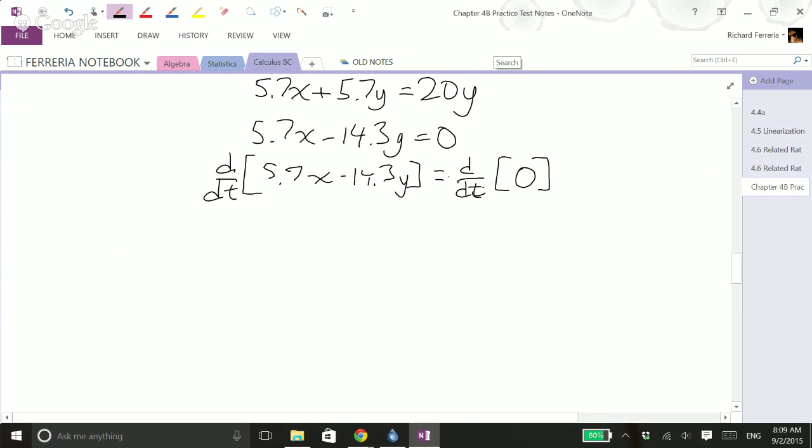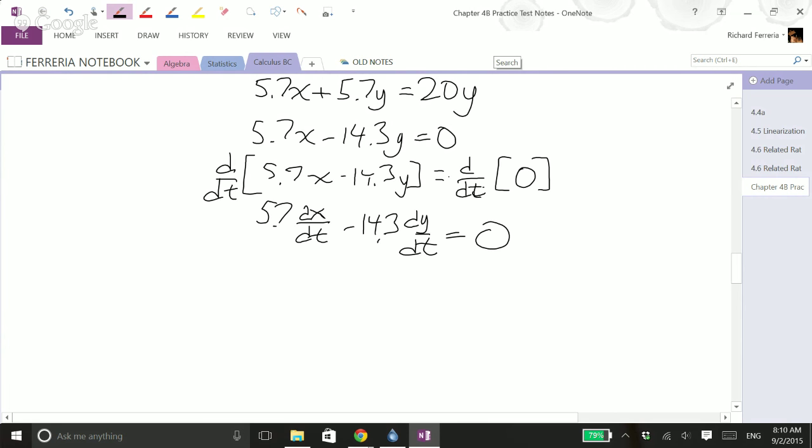Okay, derivative of 5.7x is 5.7 dx dt. Minus the derivative of 14.3y, that's 14.3 dy dt. I think my decimal point got swallowed. Equals 0.